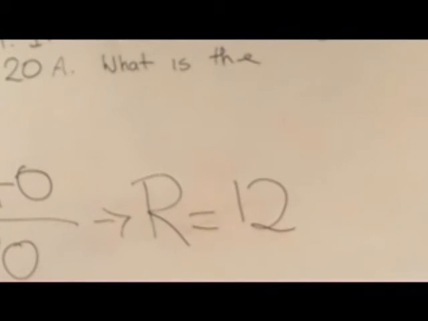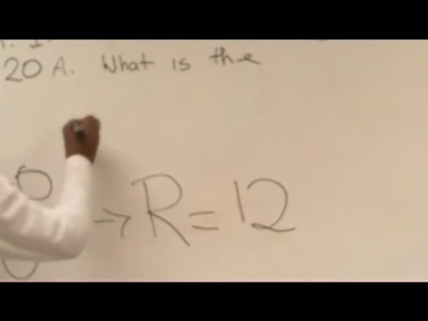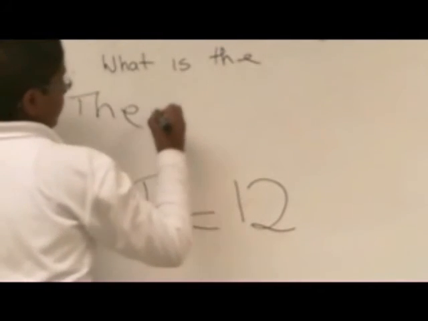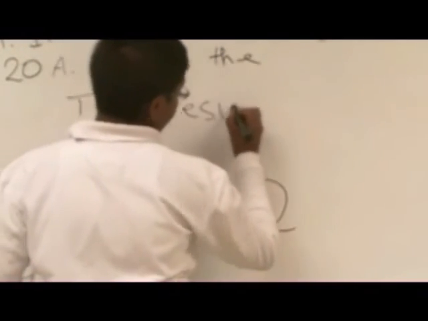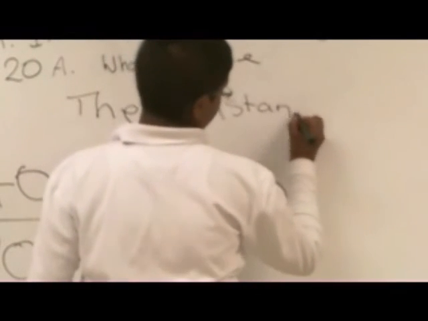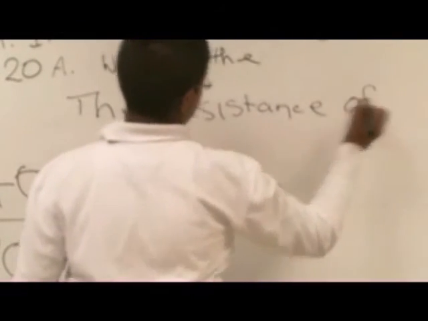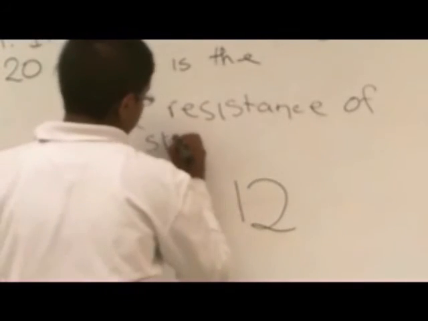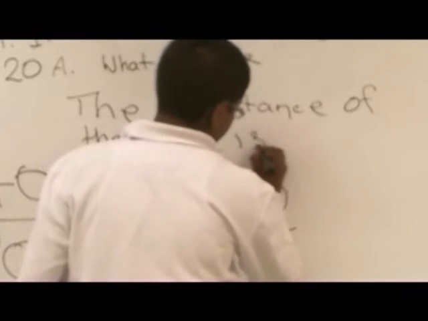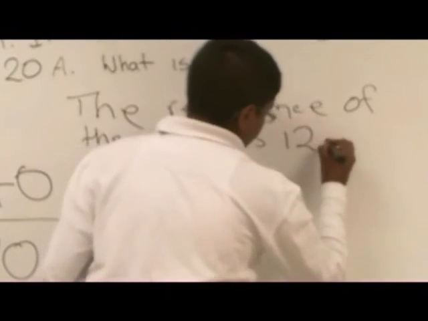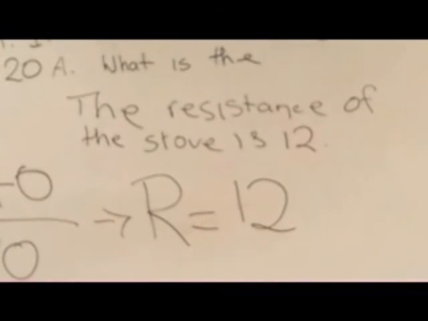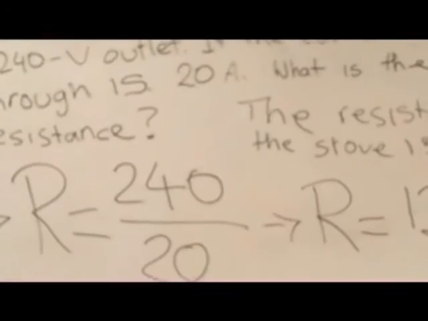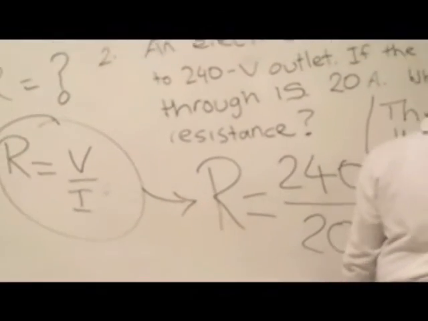The resistance of the electric stove is 12 ohms. So this is basically how you would solve it. Show your steps and always conclude with the statement.